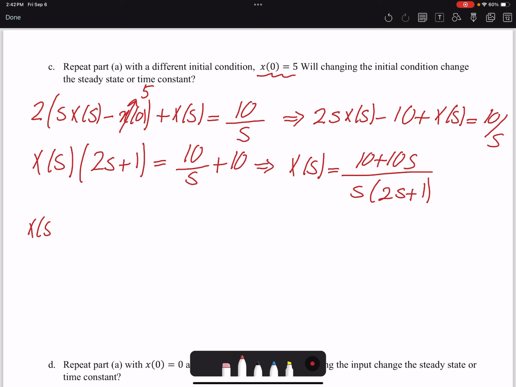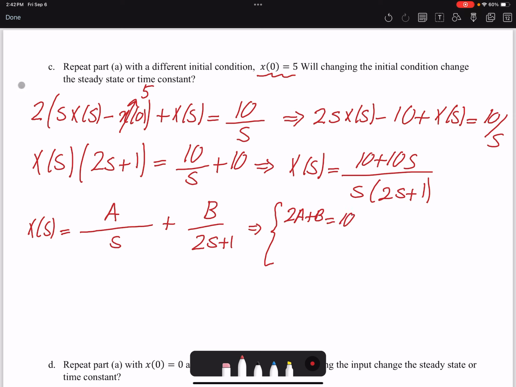If I use the partial fraction expansion to make it simpler, I need to find a and b. So 2a plus b would be 10, the coefficient of s, and a would be 10. In that case, a would be 10 and b would be negative 10.